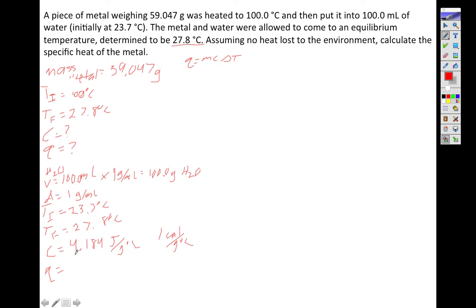So I'm going to set this up. Q of the water equals the mass, which we said was 100 grams, times the specific heat, 4.184 joules per gram degrees Celsius, times my change in temperature, my delta T. I went from 23.7 to 27.8, so I gained 4.1.